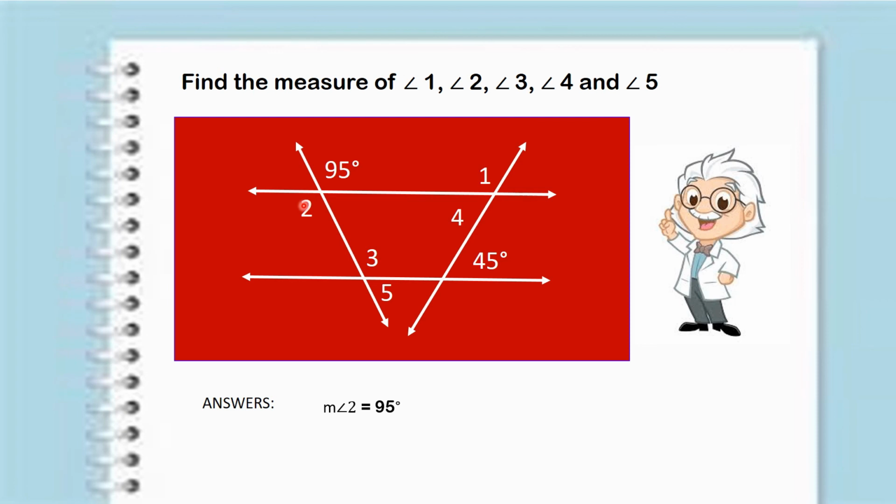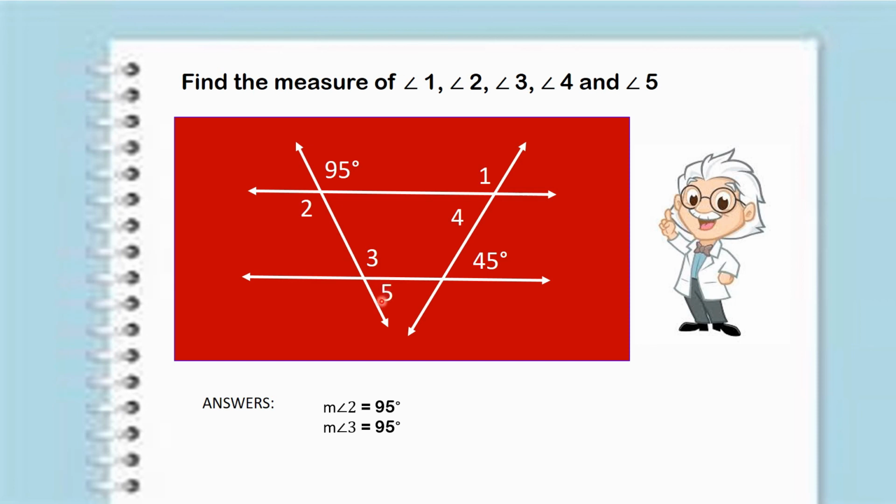So the measure of angle 2 is also 95 degrees. How about the measure of angle 3? I heard someone saying they are corresponding angles. Yes, you're right. These two angles are corresponding angles, and corresponding angles are congruent. So the measure of angle 3 is also 95 degrees.